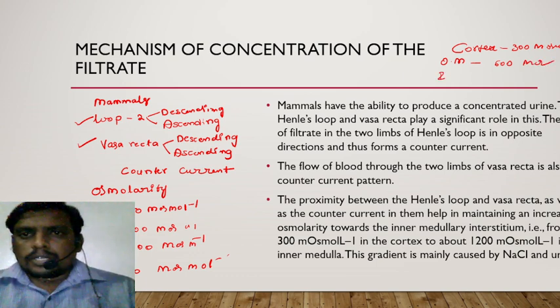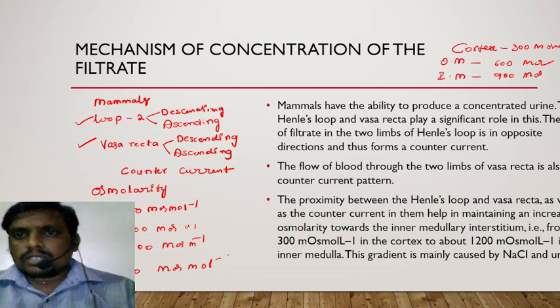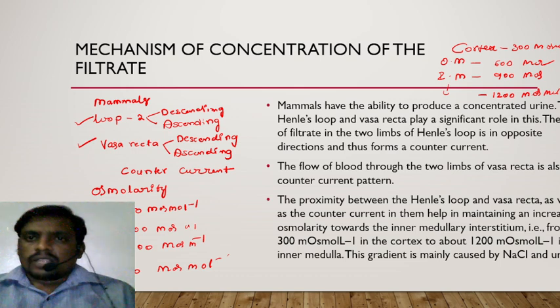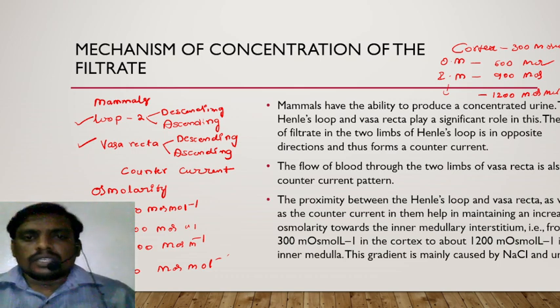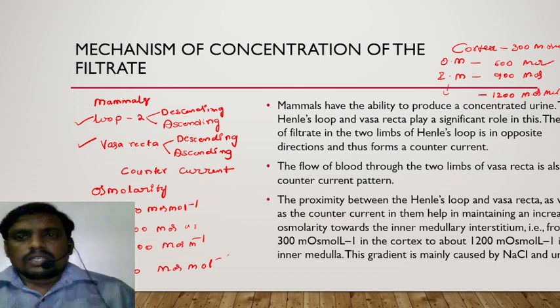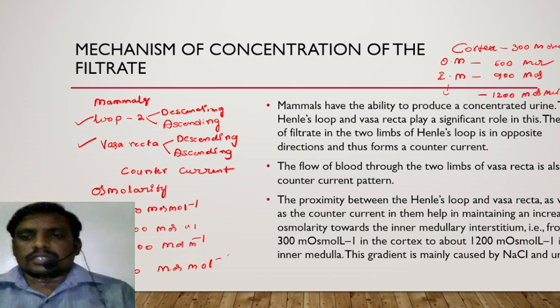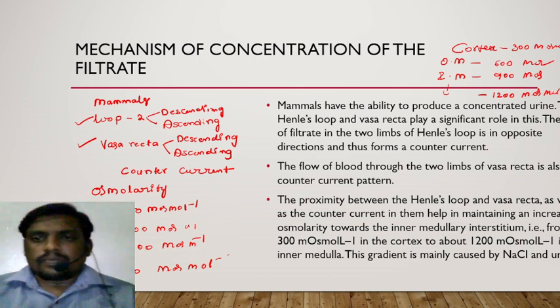In the inner medulla it will be around 900 mOsm/L. Below the inner medulla it will be around 1200 mOsm/L. This is the concentration gradient, or osmolarity, of the interstitium or filtrate.